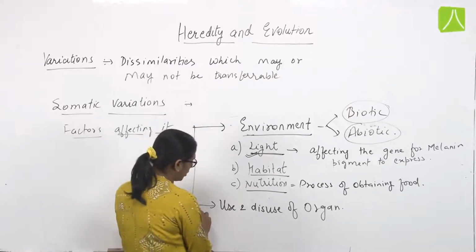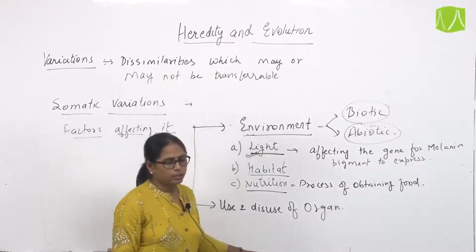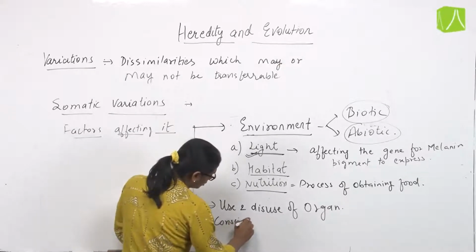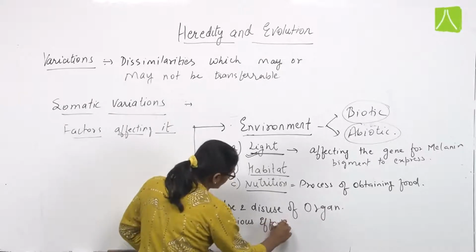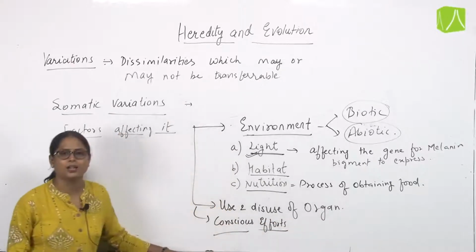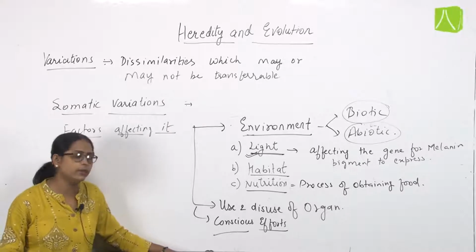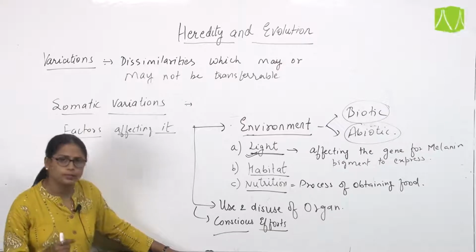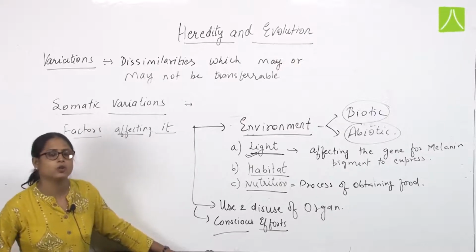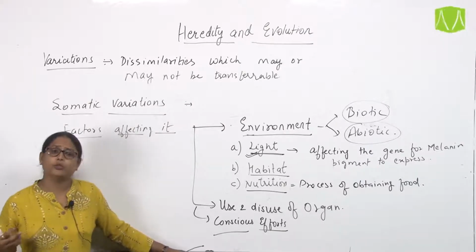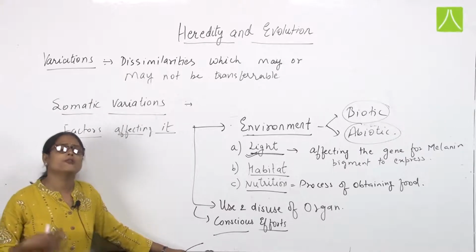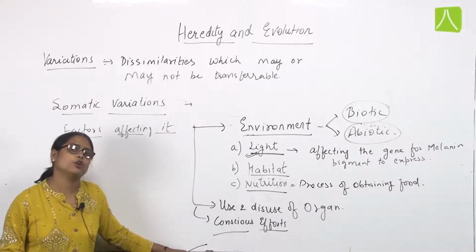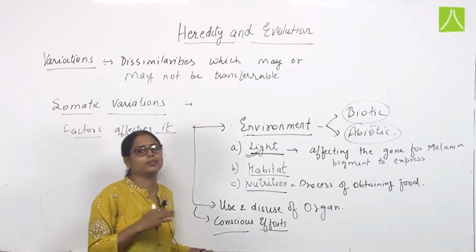The third important factor is basically conscious efforts. These are the efforts done by we human beings. These are artificial, that means man-made. Nowadays we human beings are causing certain genetic changes in certain plants for getting more food, or a higher yield of food, in order to satisfy the demand for food.